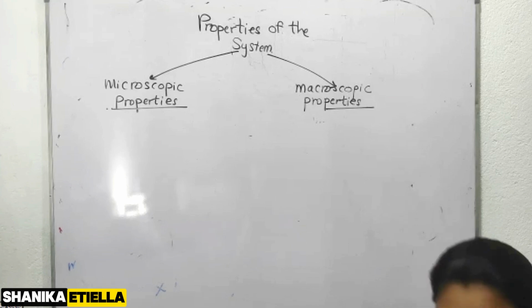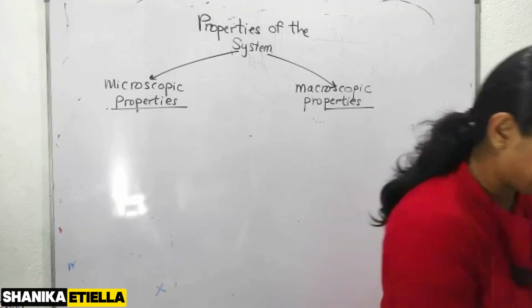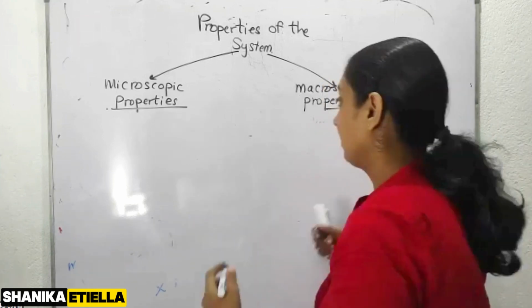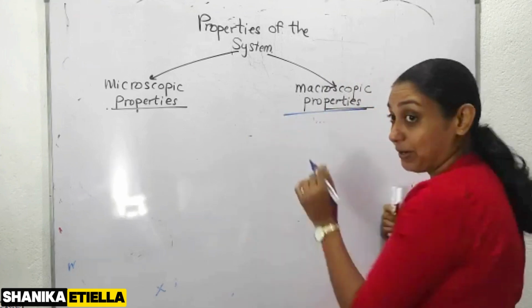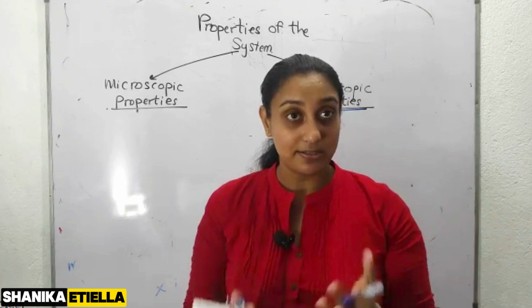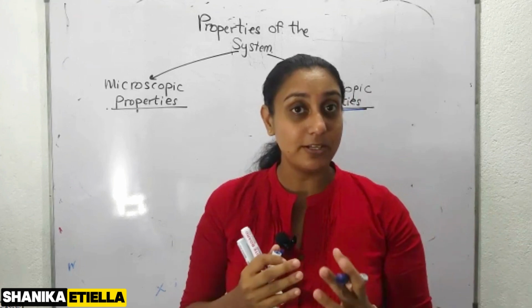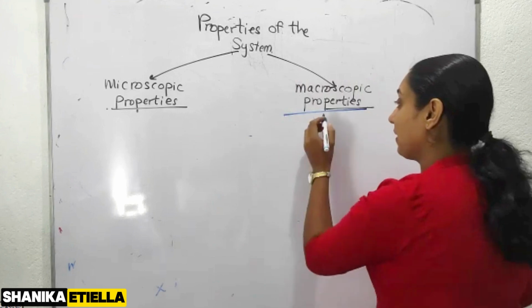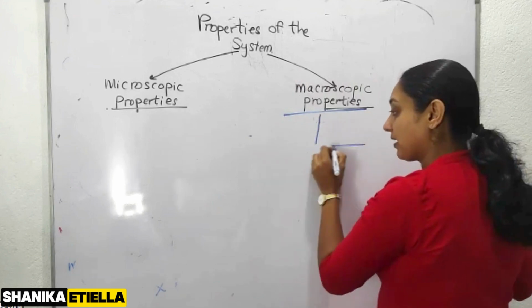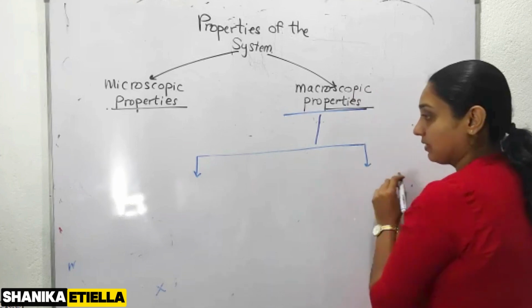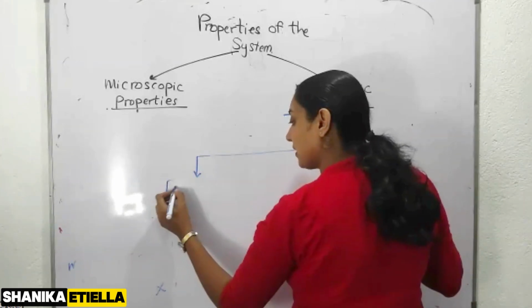Okay. Again, another thing to learn. Those macroscopic properties, which are in the bulk, or which we normally measure values of, I can categorize again into two major parts: extensive properties and intensive properties.